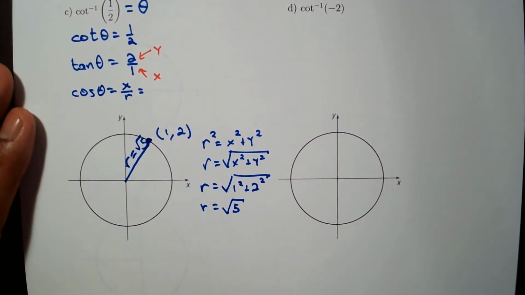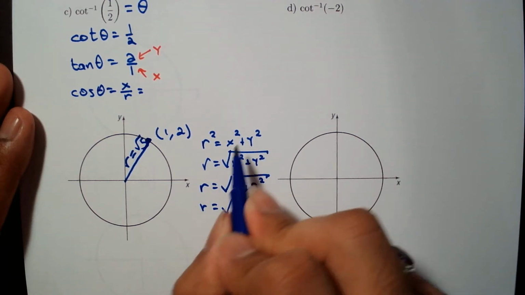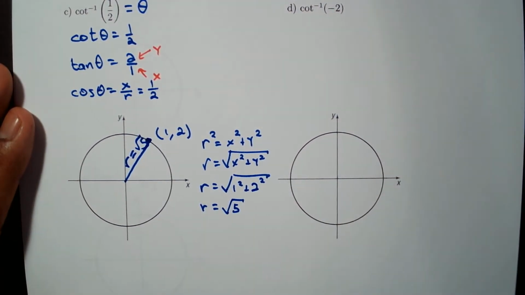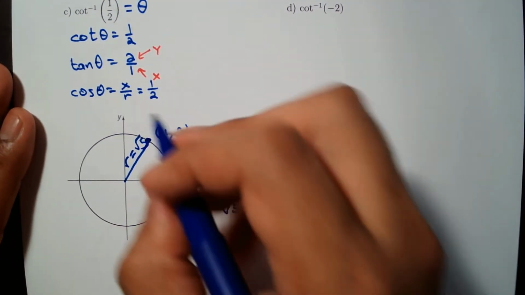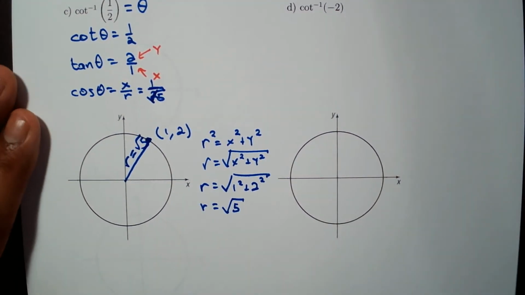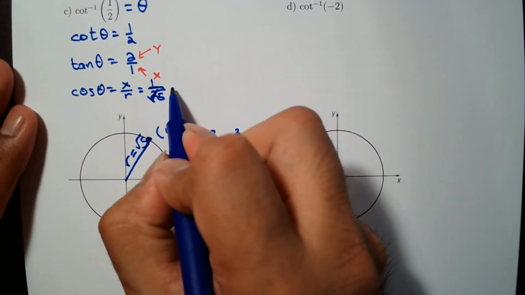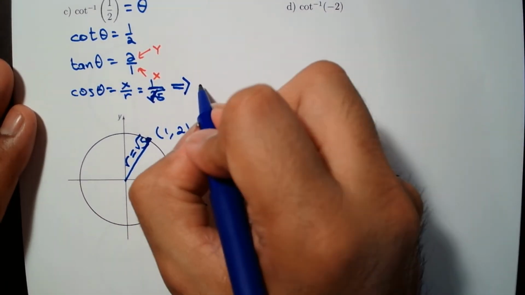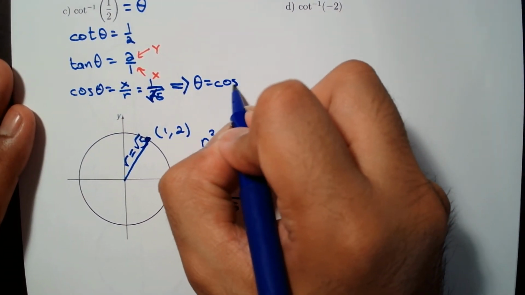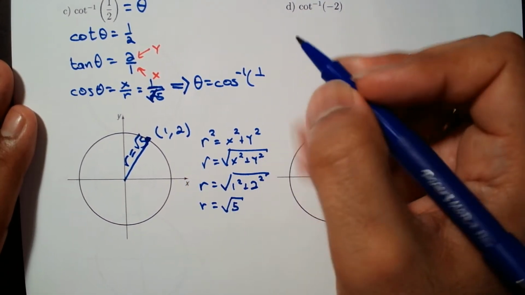And in this case, it's x, which is 1, over r, which is actually not 2, it's root of 5. All right. So we use the inverse function property to rewrite. So theta equals cosine inverse of 1 over root of 5.